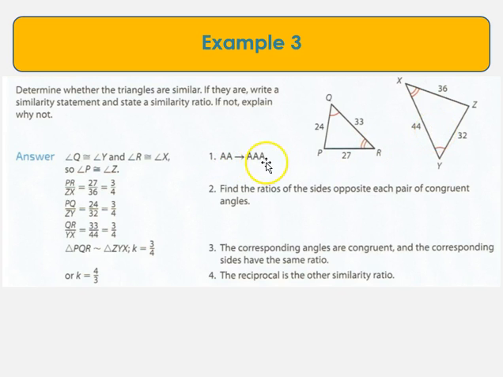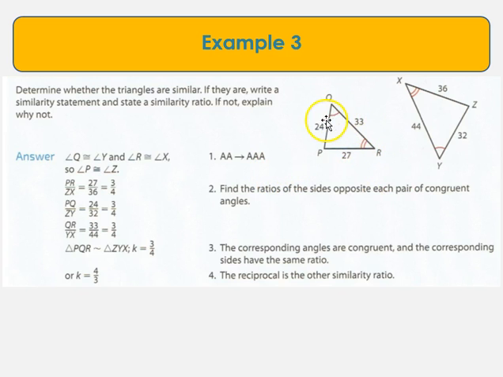So, are they similar? And if they are, remember from way past, many chapters back, that we have a postulate. It's called the AA similarity postulate, angle, angle. And we only have to prove this true for two angles.